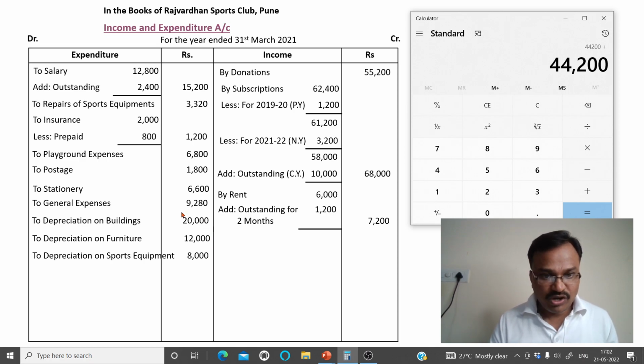So total amount of depreciation is 40,000. So we can add this 40,000 here directly, right? 40,000 plus 44,200, the rest, which is the total amount of depreciation included.